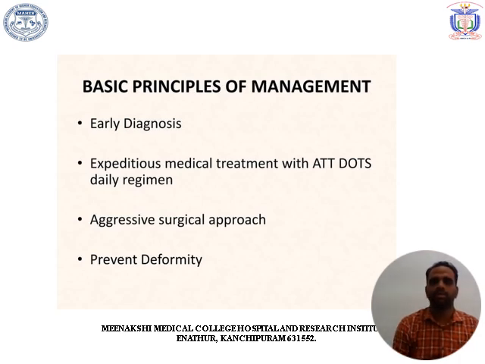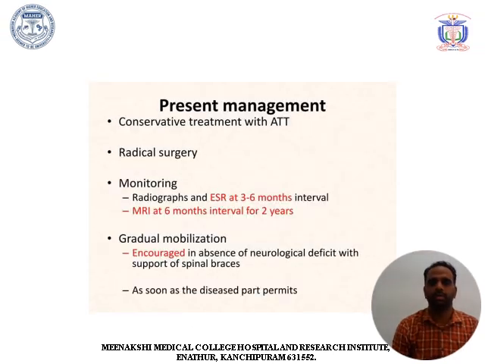The management includes early diagnosis, expeditious treatment with ATT, DOTS therapy, aggressive surgical approach, and prevention of deformity. The present management includes treatment with ATT, radical surgery, monitoring with radiographs and ESR at 3 to 6 months interval, MRI at 6 months interval for 2 years. Gradual mobilization is encouraged in the absence of neurological deficit.